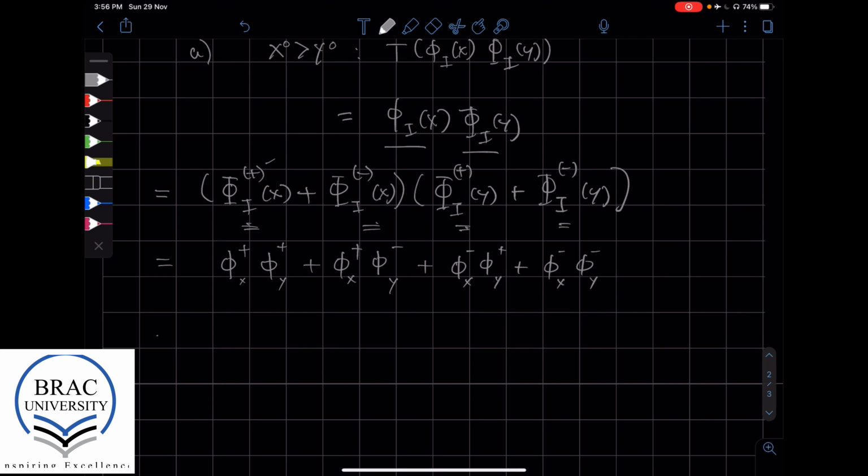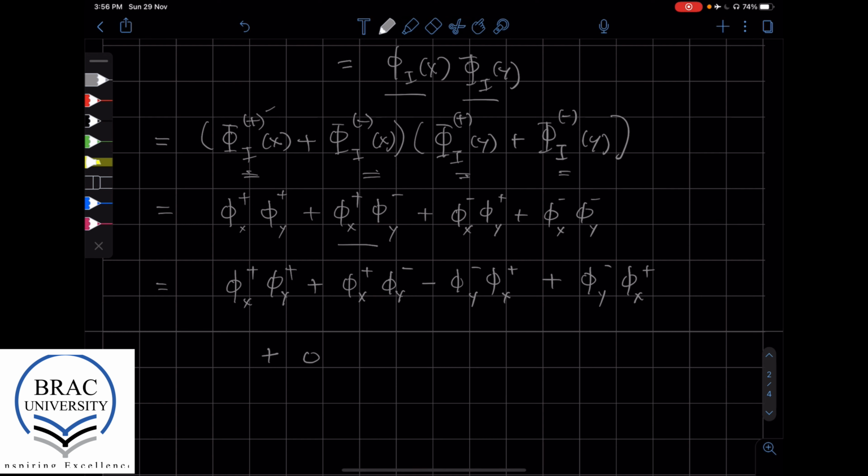So what we do is keep all the terms as they are, but for this term, we subtract the normal ordered term. But of course, since we subtracted it, we have to add it as well. And then we have the rest of the terms that were already there.